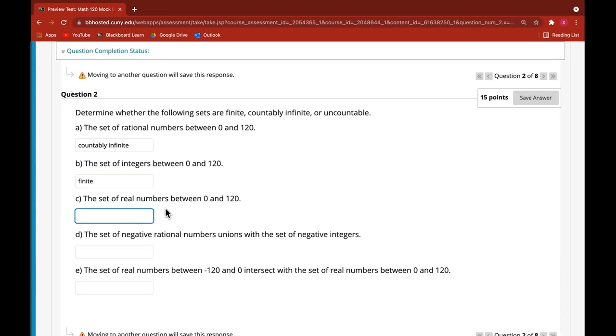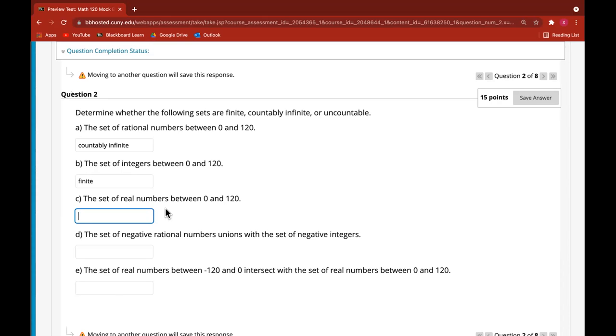Okay, I see people say finite. Then how many real numbers are there between 0 and 120? Well, we check the real numbers. All the real numbers include the irrationals, or numbers with infinitely many decimal places.